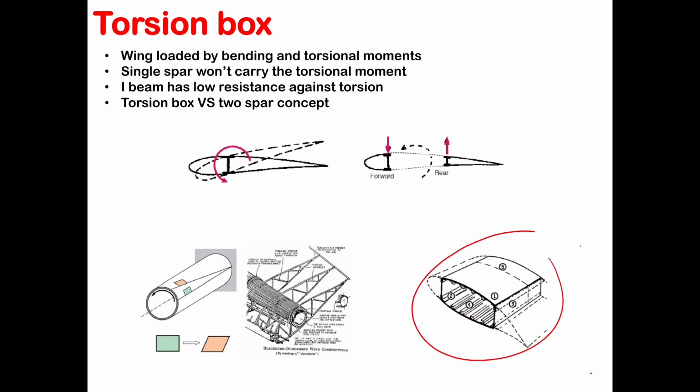This is going to be discussed and analyzed in your next lab, Lab 2, in AESP 362. We are essentially going to simulate a torsional load on a wing box.